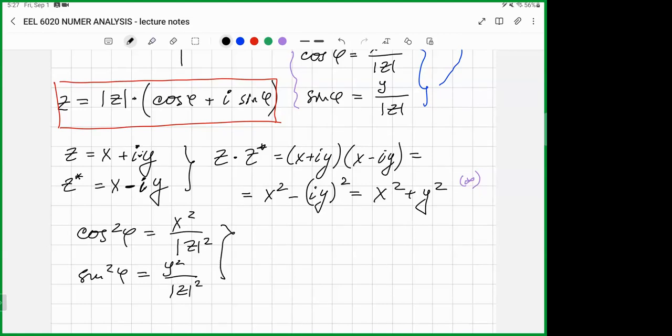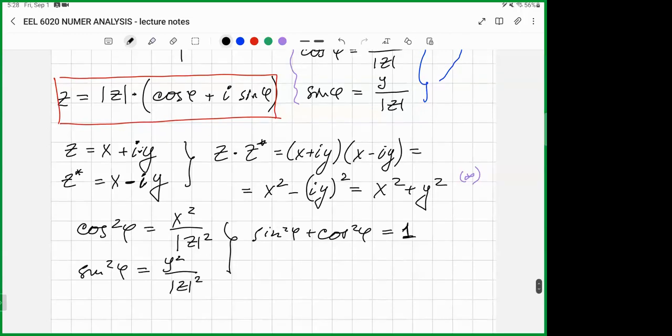Taking the sum of the two, we get sine squared phi plus cosine squared phi, and for two-dimensional space, it always equals 1, as we know. So that means that x squared over modulus z squared plus y squared over modulus z squared is equal to 1.